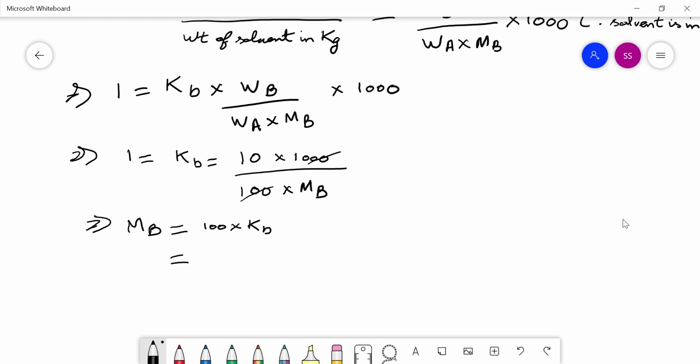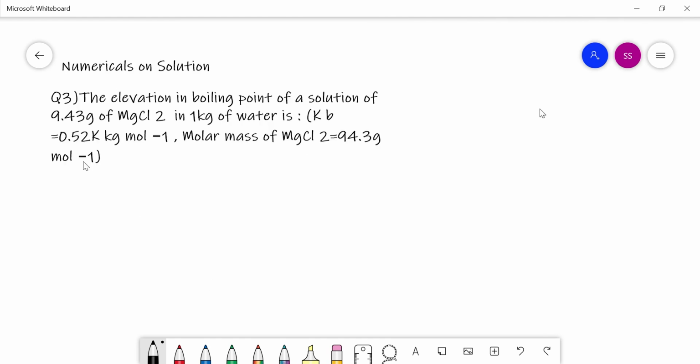This is 100 into 2.53, which is equal to 253 grams. ये होगा इस क्वेश्चन का आंसर. अब हम देखते हैं नेक्स्ट क्वेश्चन जो बेस्ड है एलिवेशन ऑफ बॉइलिंग पॉइंट के कॉन्सेप्ट पे.